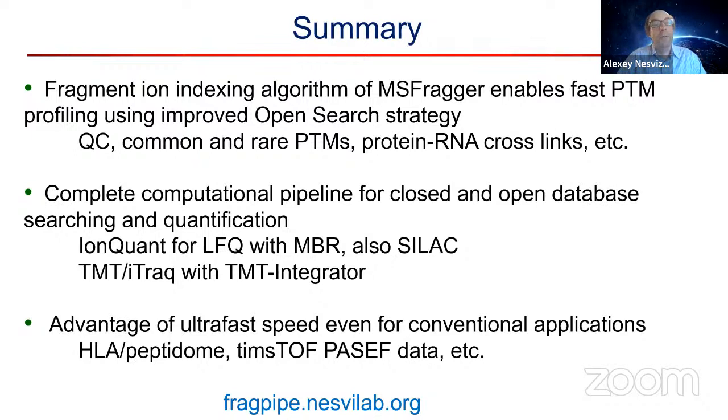Not only because we optimized various steps, but because of the speed, it's so much faster. It allows you to search for additional PTMs, and the scoring. If you have high mass accuracy data, I think MSFragger scoring is actually pretty good. So I think it's a very good workflow for HLA non-specific searches and endogenous peptidome data as well.